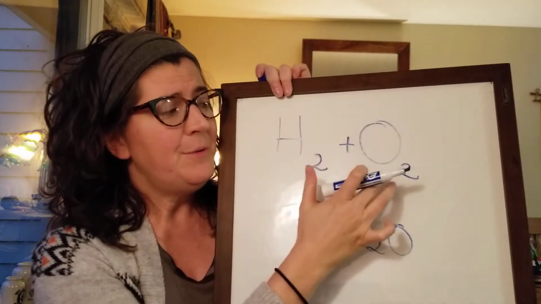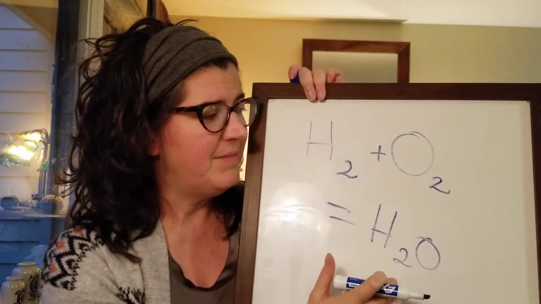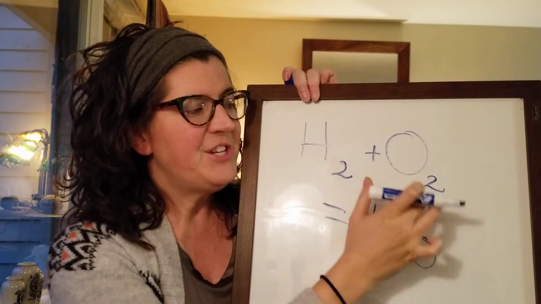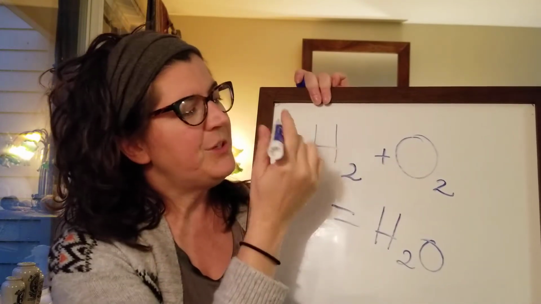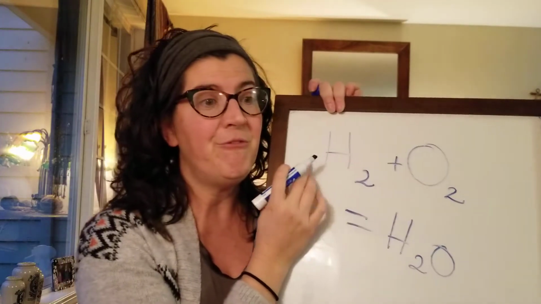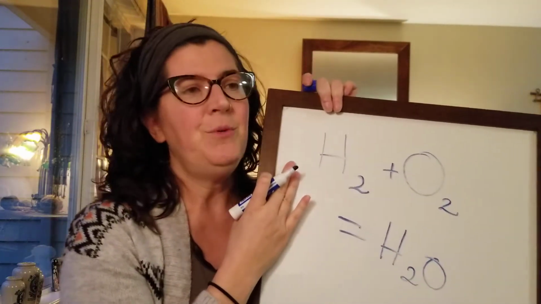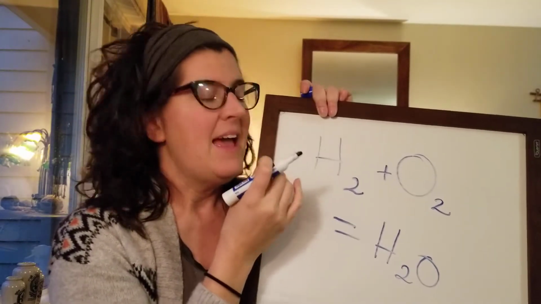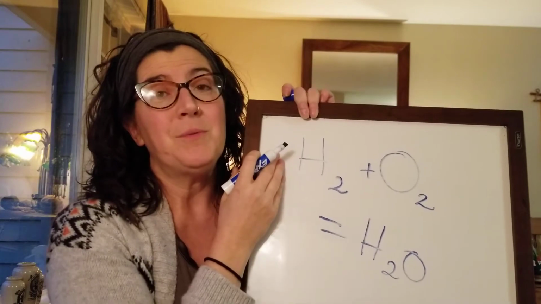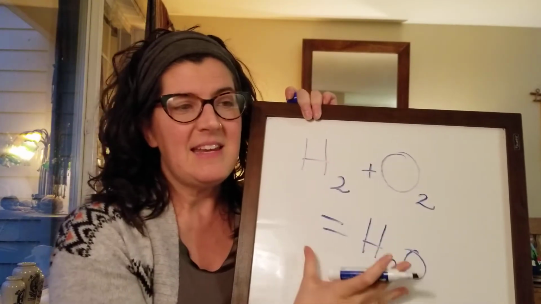Subscripts are these little numbers that go down below. They might be different numbers, but these never change. You cannot change the subscripts, okay? What you can change is the number that you put in front, which is called the coefficient. Really big word, but just to explain, it's what we're going to multiply this by to make it balanced and even.